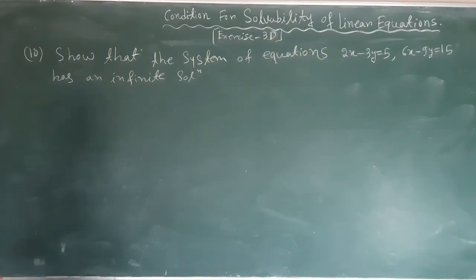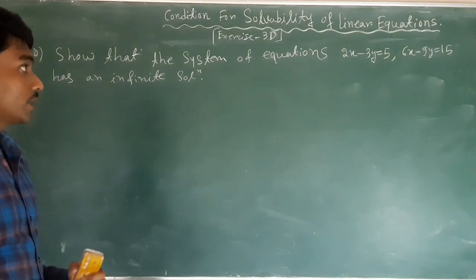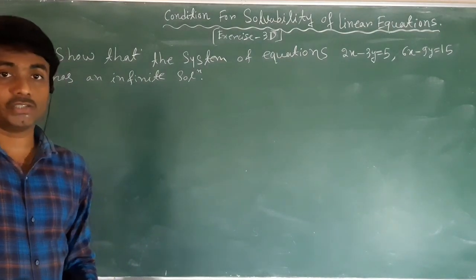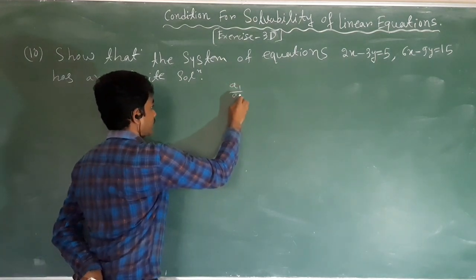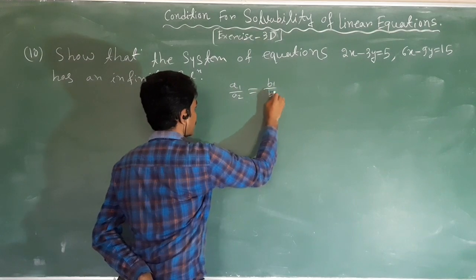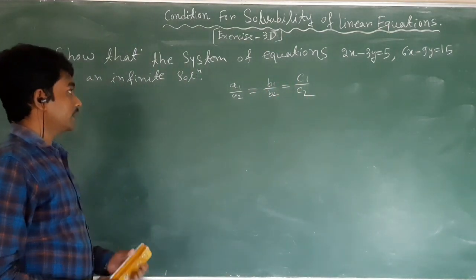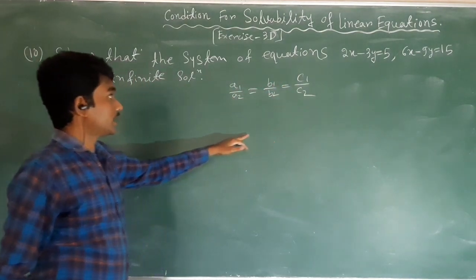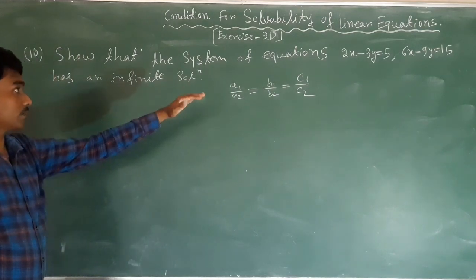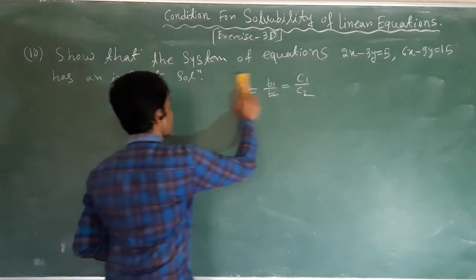So that the system of equations has infinite solutions. To show the given system of linear equations has infinite solutions, we have to show that A1 upon A2 is equal to B1 upon B2 is equal to C1 upon C2. If we show that, then the given system of linear equations has infinite solutions.